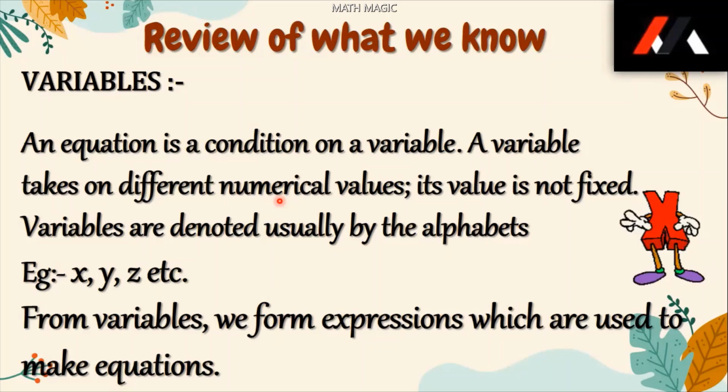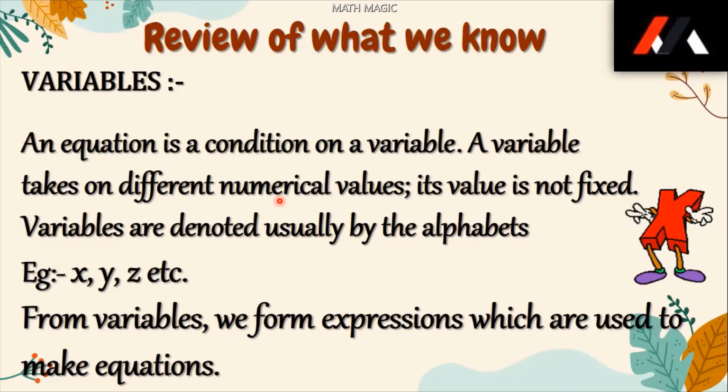It depends. It's not fixed. That's why a variable is not a fixed value. Its value keeps on changing depending upon the situation. Variables are denoted usually by alphabets, for example x, y, z, anything will do.